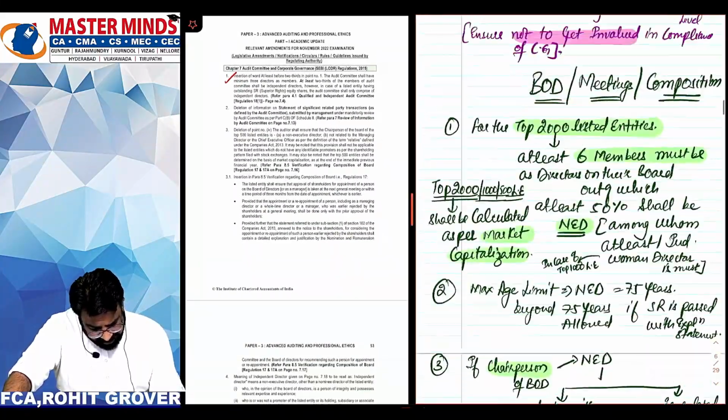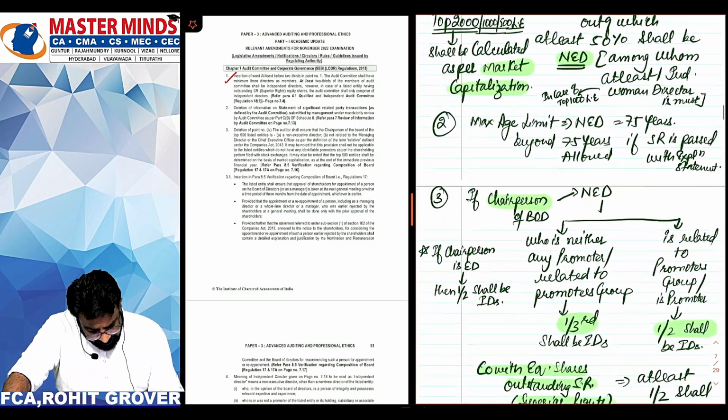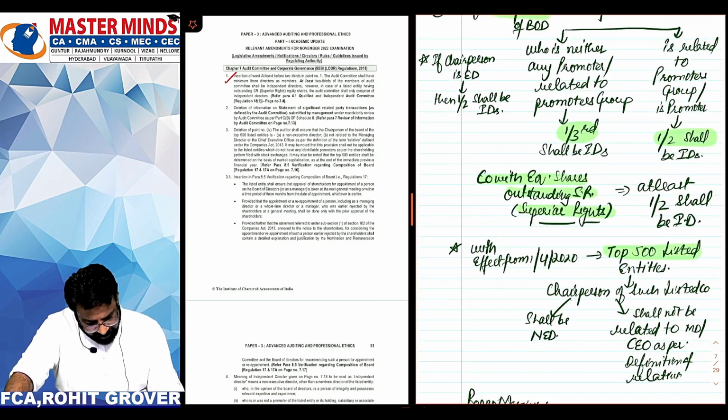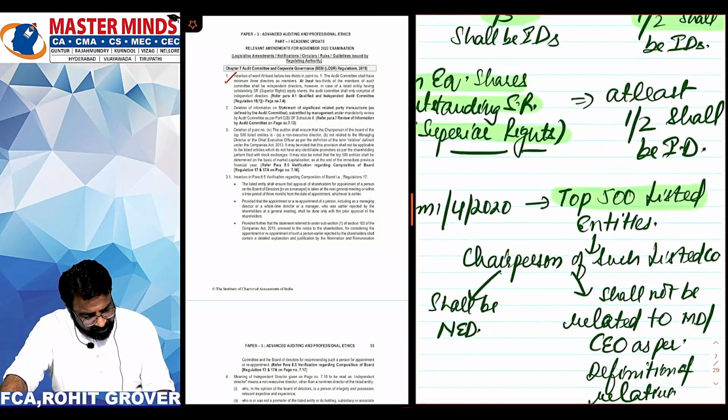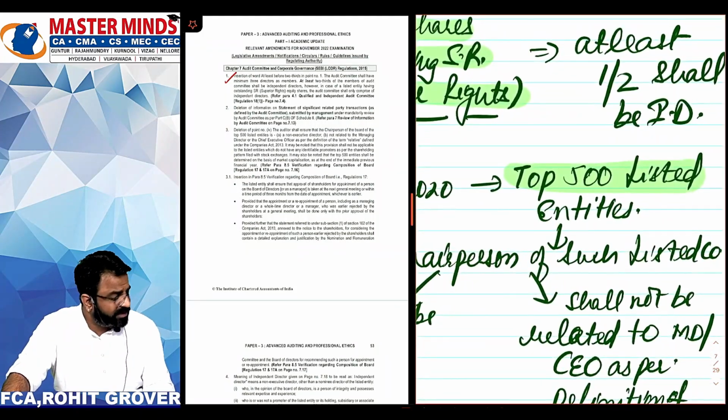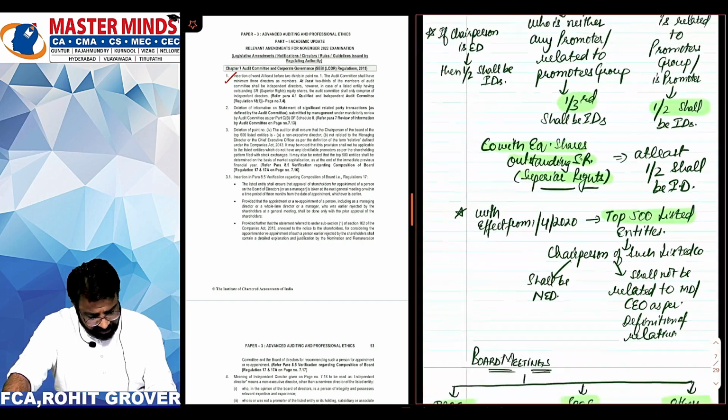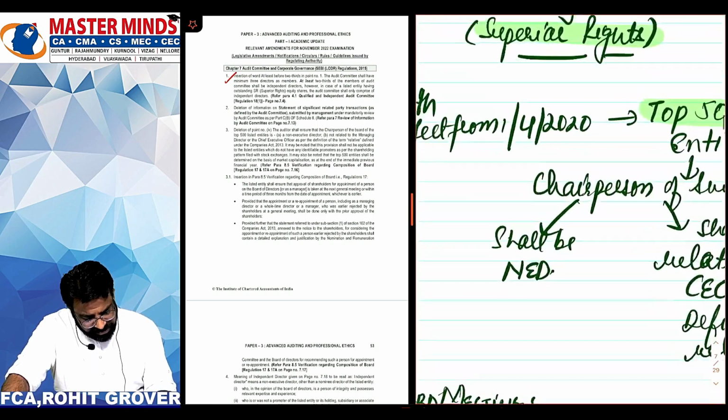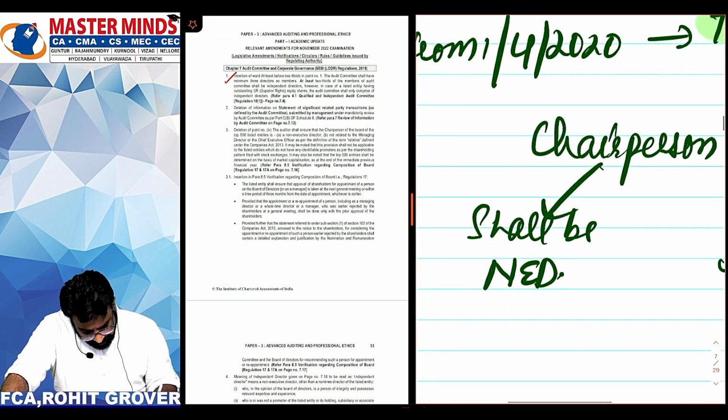Now come to the second provision, everyone, where we have noted about top 500. This point: with effect from 1/4/2020, the top 500 listed entities, the chairman of such listed company shall be a which director? Non-executive director. So this point also has been deleted.